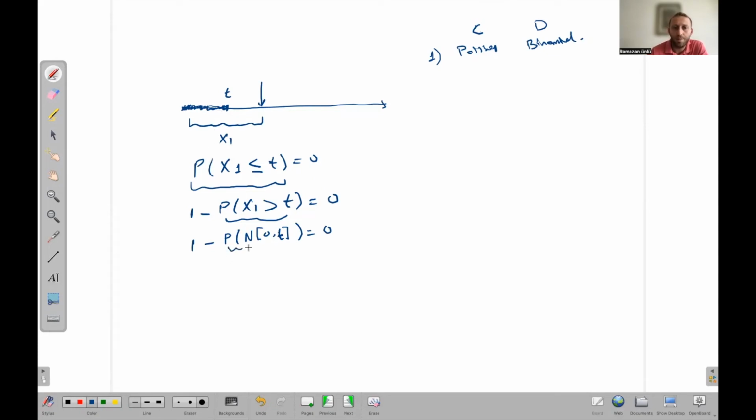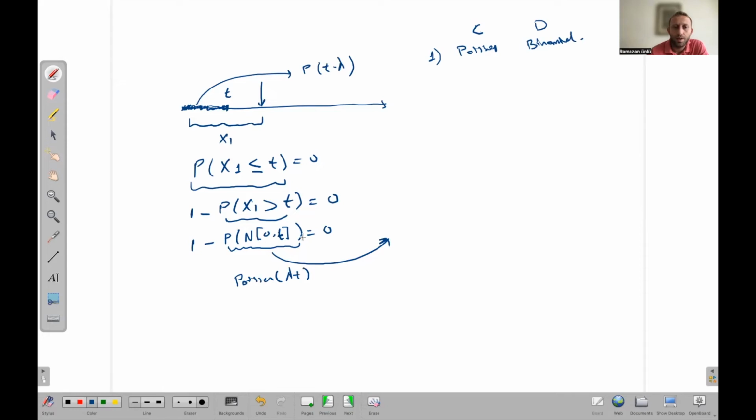That's why I can approximate this to the Poisson distribution with the parameter lambda times t, right? So this time interval can be approximated to Poisson distribution with the parameter t times lambda, okay? So this is associated with the Poisson with the parameter lambda t.